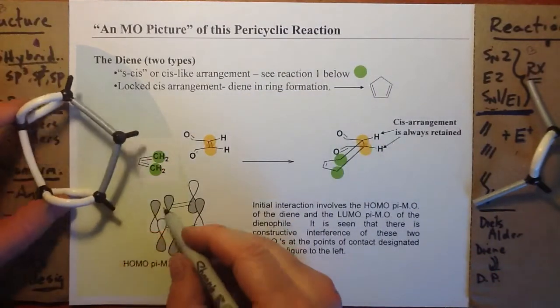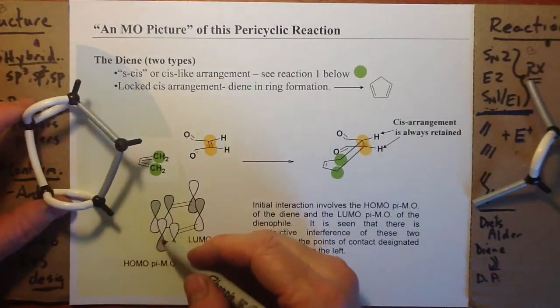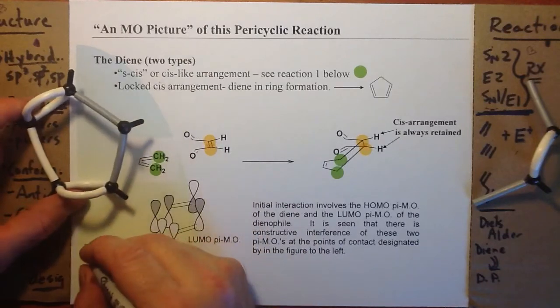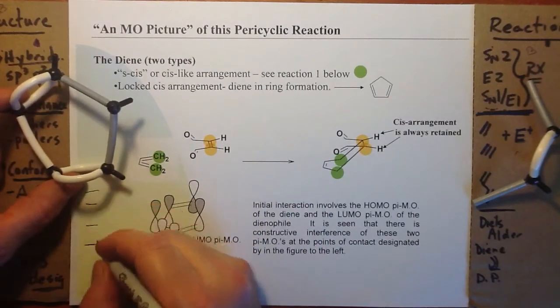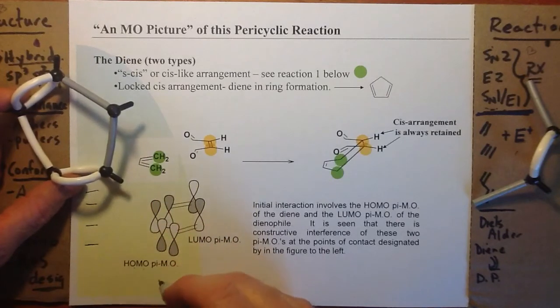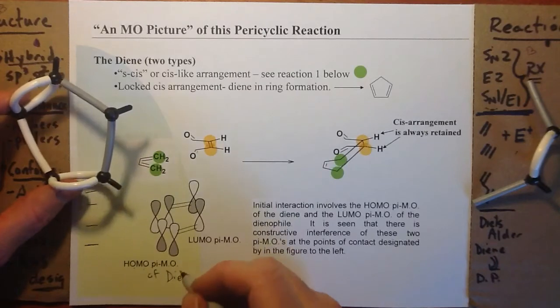What I have drawn here is the highest occupied molecular orbital of the diene, pi MO of the diene.